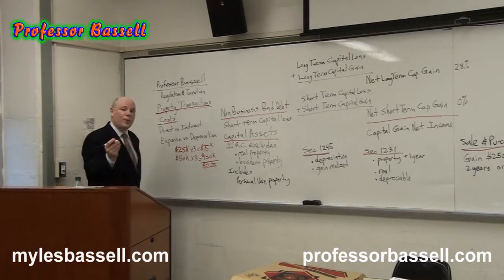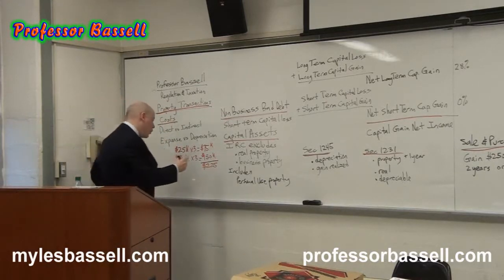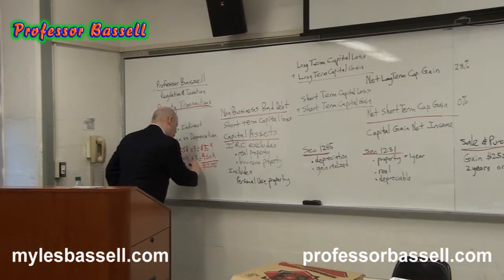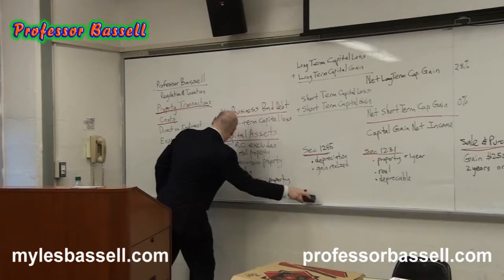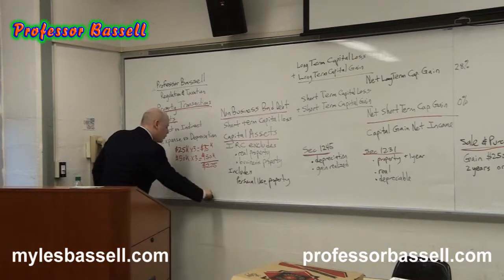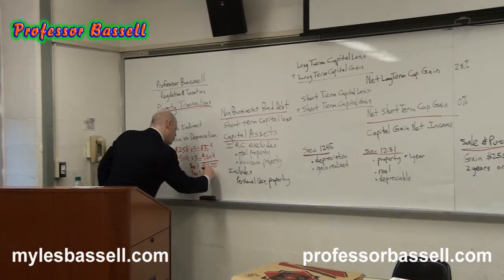Now, we're going to need the equipment for 2 years. So, for year 1, the rent is $225,000. And for year 2, the rent is also $225,000.